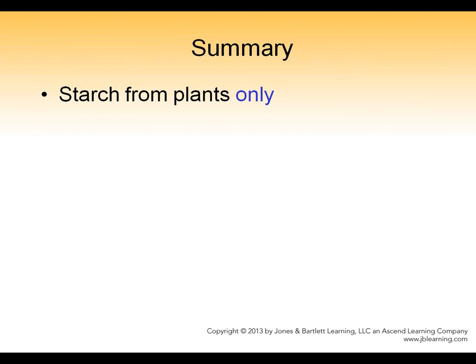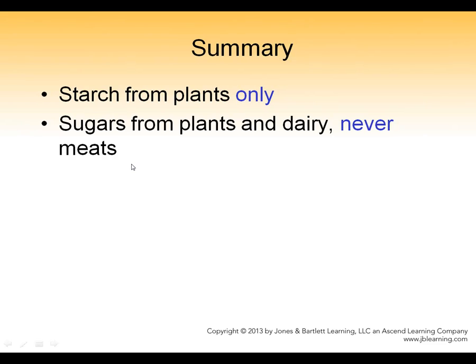So in summary, when we're looking for those things where it's either one or the other, starch, rock solid, only comes from plants. Same with sugar, with one exception, dairy. You will never find sugar or starch in animal foods, except for dairy.